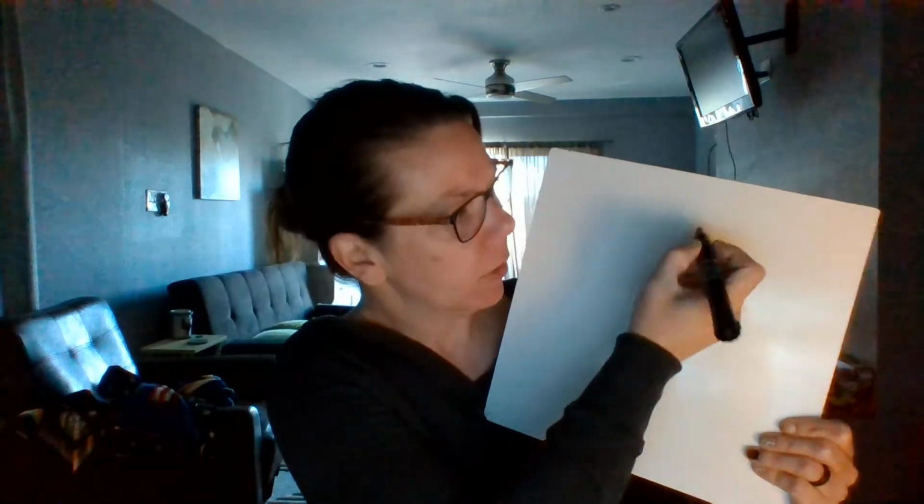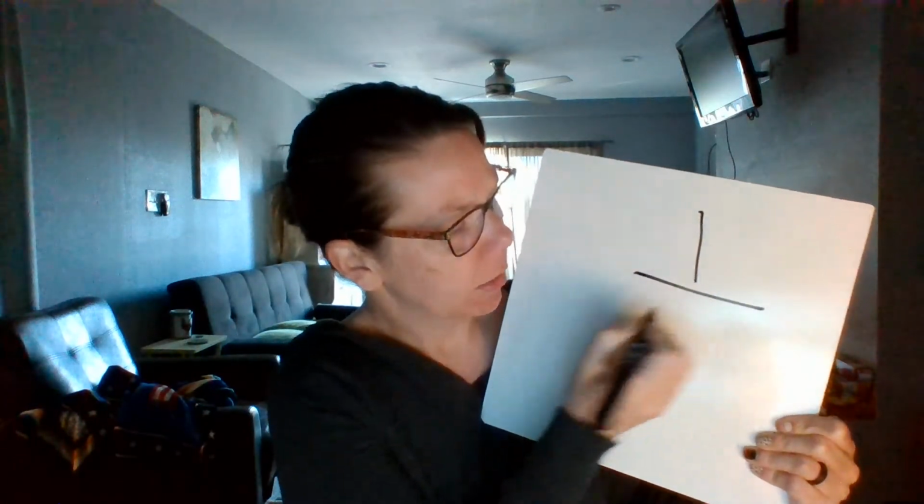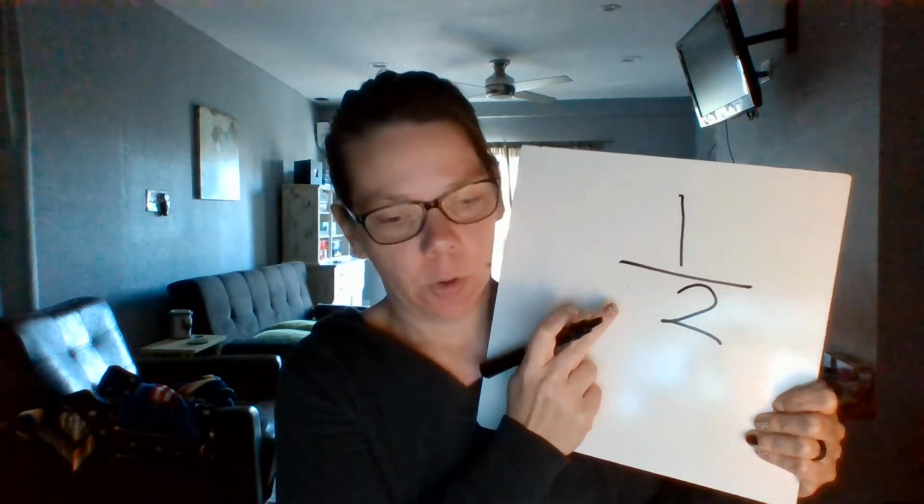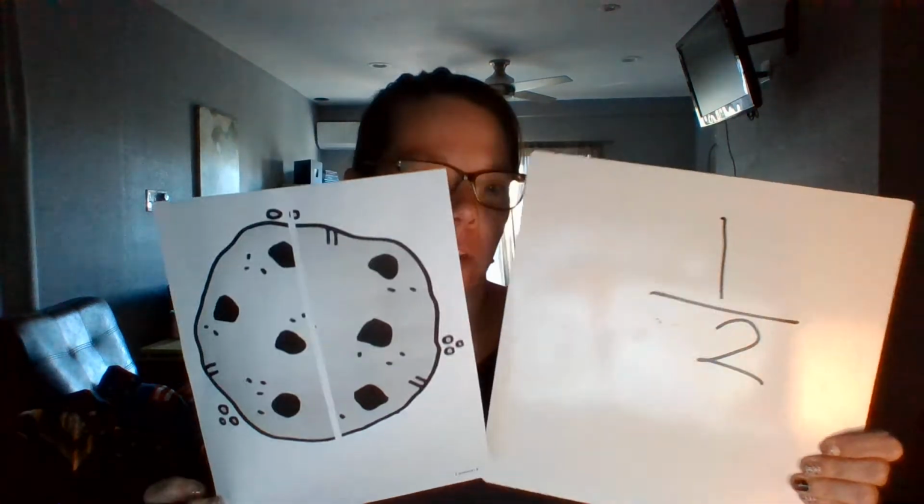So 1/2. This is our fraction line, cut into 2 pieces. So we have one whole with 2 pieces. Okay, so this is 1/2. 1/2 of a cookie looks like this as a fraction.